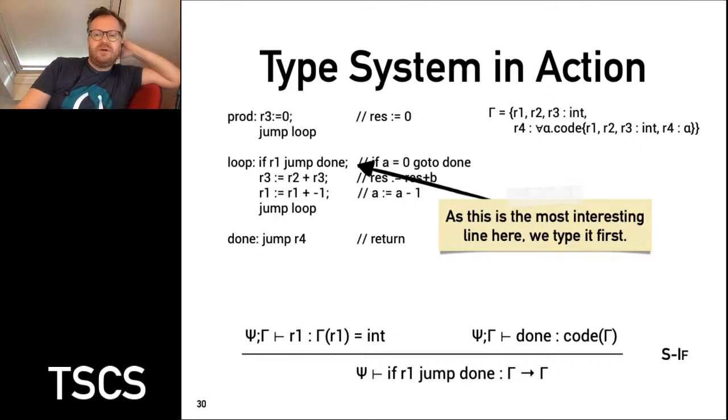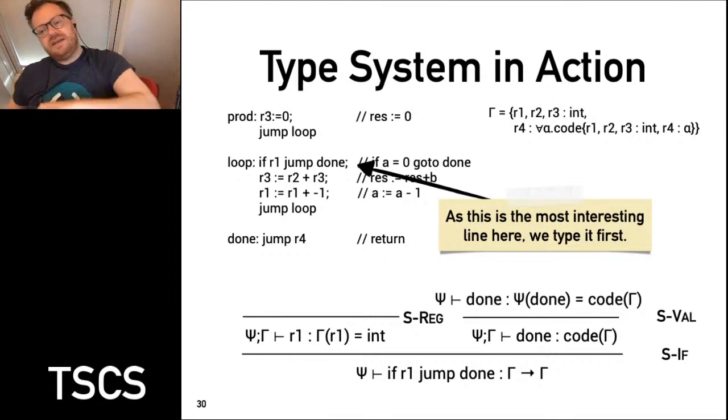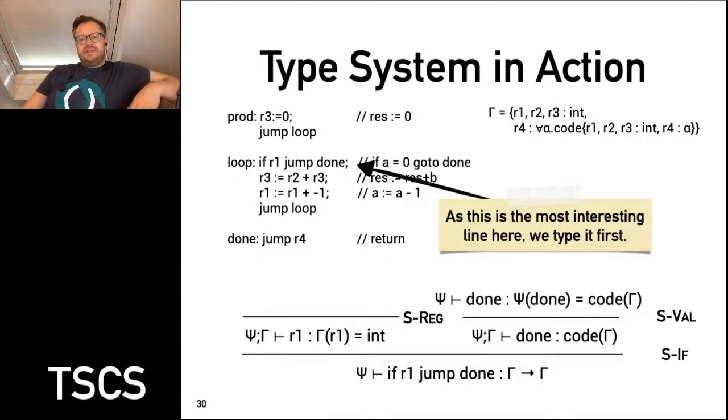We have to look up done previously, but first start from the left side. We use this sreg rule, and this sreg rule gives us that because we can just look it up. So on the right side, we need this sval rule that tells us, okay, under the assumptions of psi, done is typed as the type of done in the heap typing, which is code gamma, which matches, and we're good.